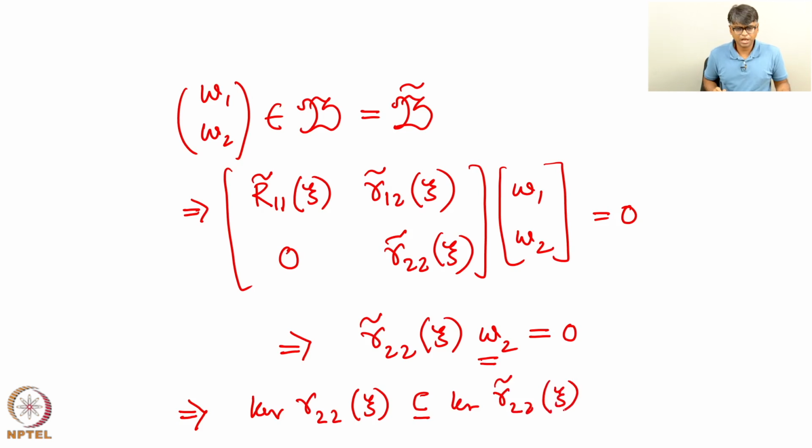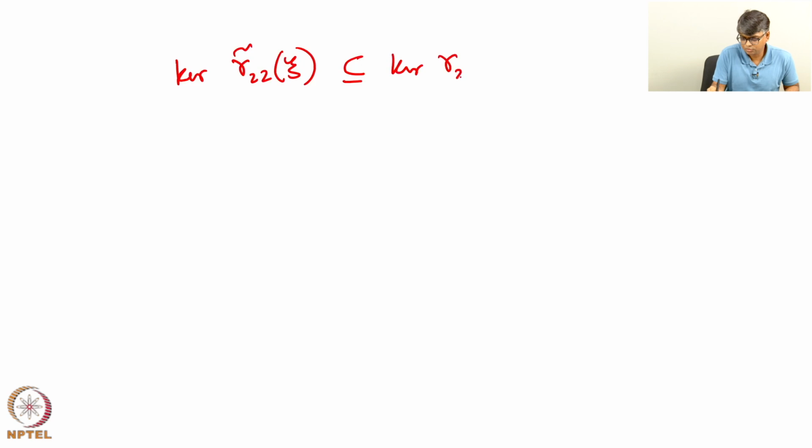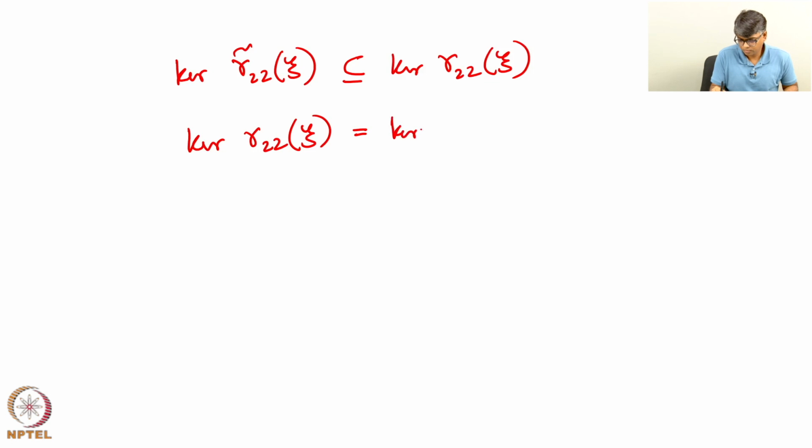Just reverse the chain of arguments and you will have the kernel of R22 tilde(ξ) to be contained in the kernel of R22(ξ), which essentially means that the two kernels are equal. The two kernels are equal. Lovely.